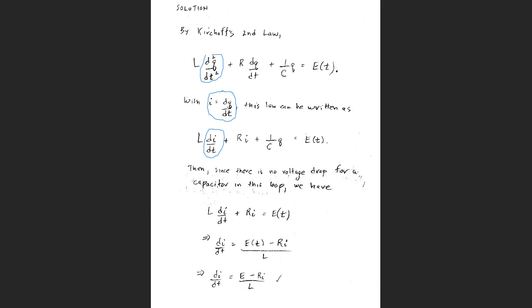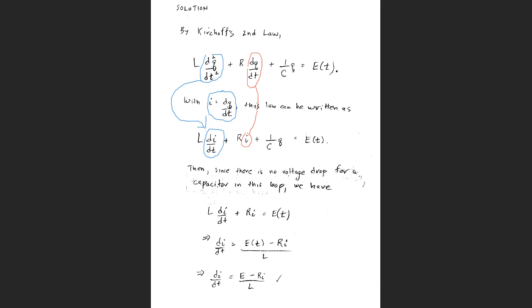So you're replacing this second derivative of charge with the first derivative of current. And then, of course, the derivative of charge with respect to time gets replaced with I.